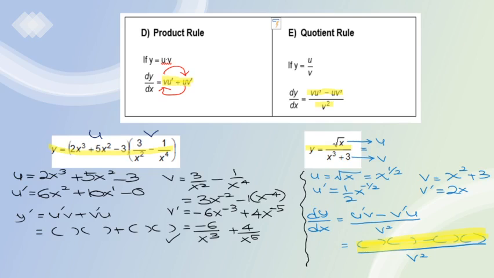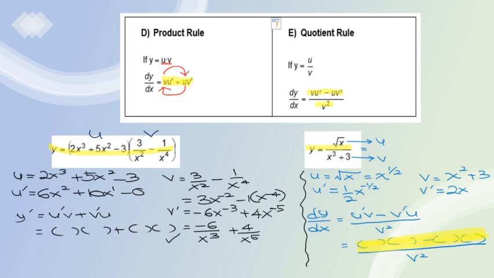Transform first, square root x is actually x power of 1 over 2. So u prime equals to 1 over 2 x, half minus 1, negative half. And then v equals to x square plus 3, v prime equals to 2x, 3 is 0, so no need to copy.